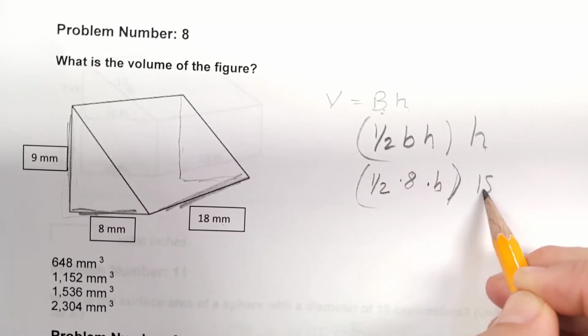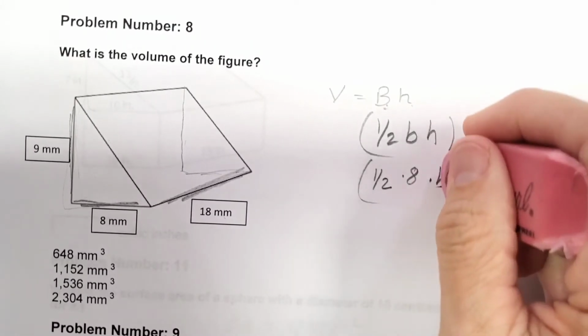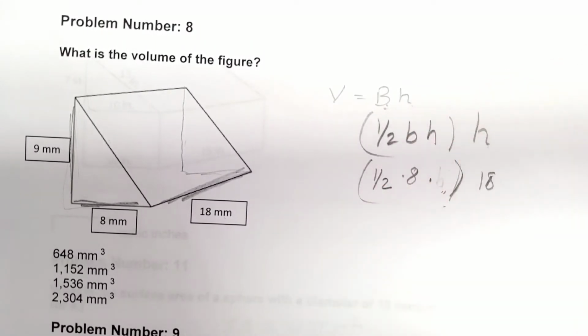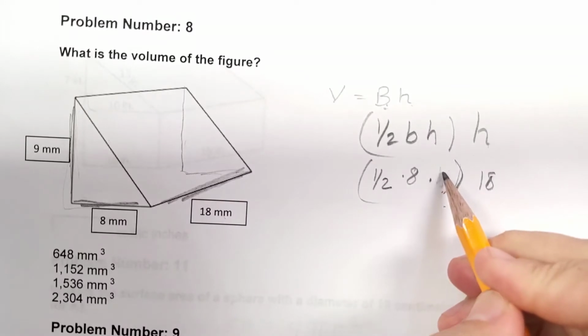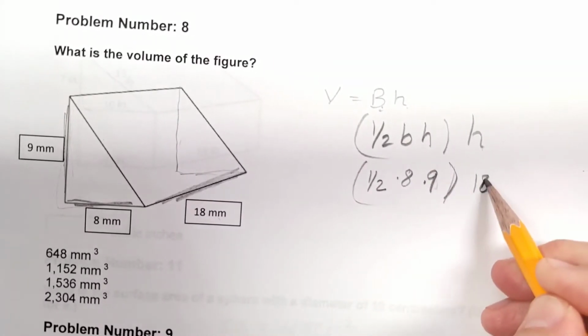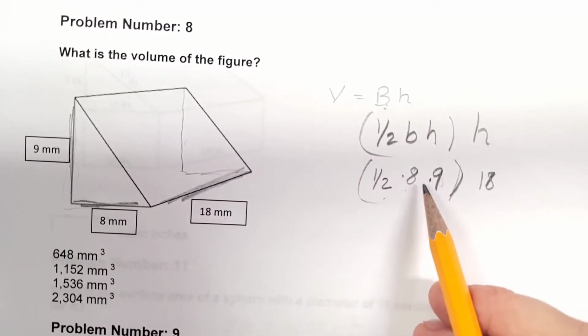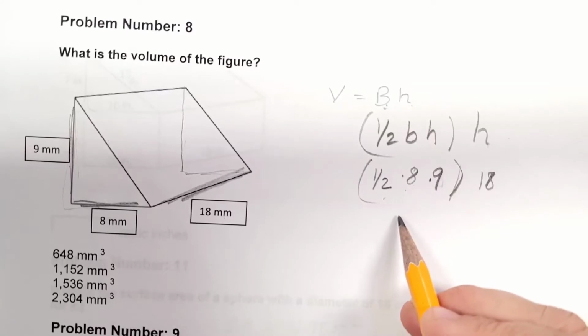Wow, I'm being really sloppy here. Let's erase this. The height of the triangle was a 9. Okay. All right. So 1/2 of 8 is 4, and 4 times 9 is 36.